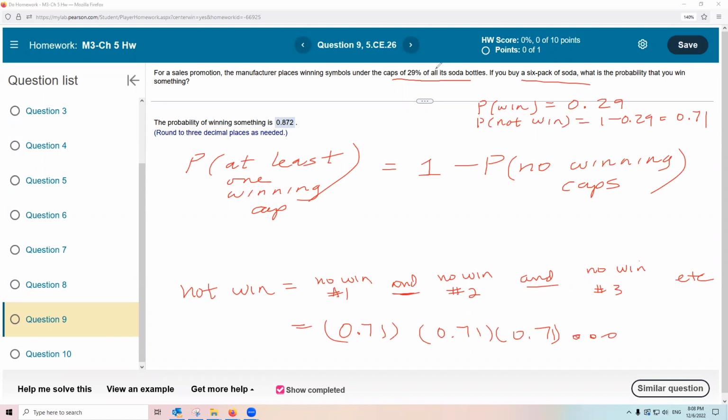So my answer here is really going to be 1 minus 0.71 to the exponent 6. Because the probability of no winning caps is going to be 0.71 times itself 6 times. And if you work this out on your calculator, you'll get 0.872. So that's a pretty high probability that you're going to win something on this 6-pack of soda.